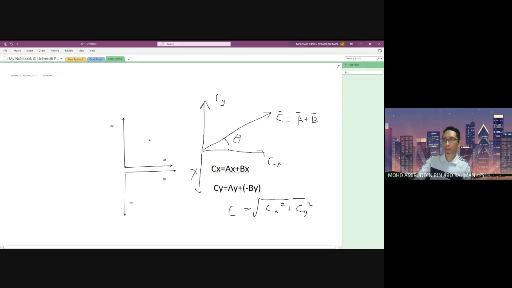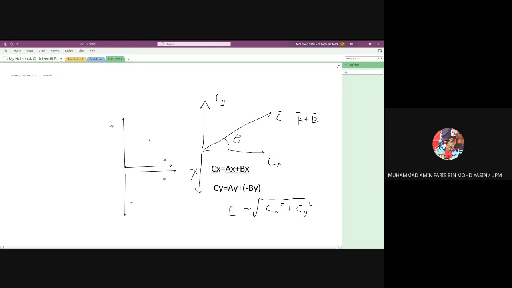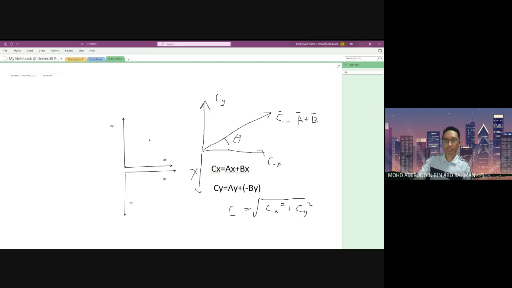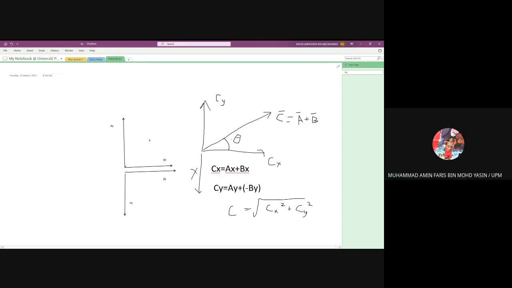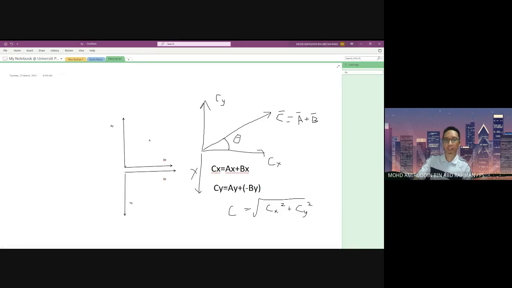And now the direction is how many degrees from the x-axis? Not 71. So how do you find this angle? 18.8, yes, that's correct, it is 18 point something.